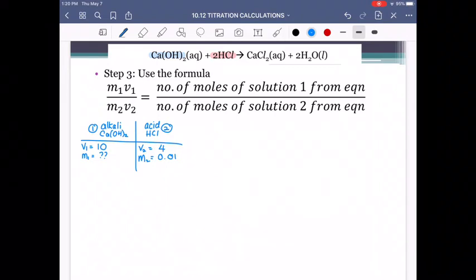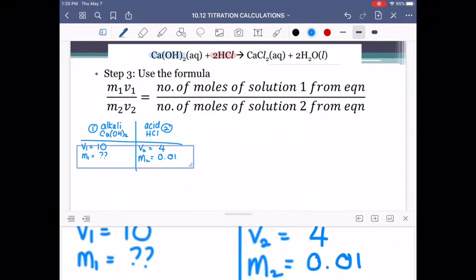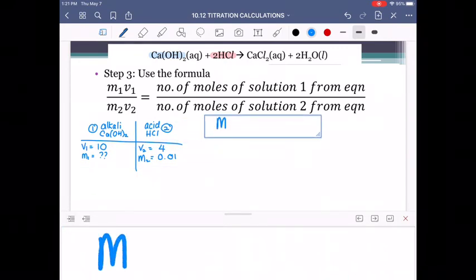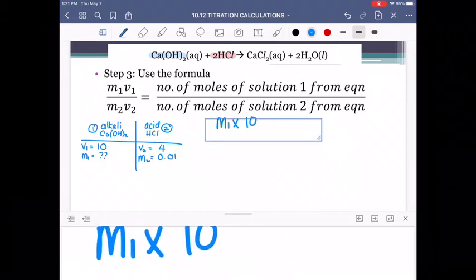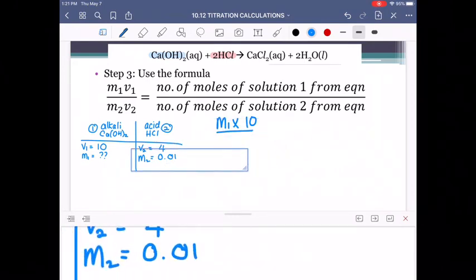So let's substitute the values into this formula. M1, you have no idea because it is unknown, right? Unknown M1, so I'm going to leave it as M1 times V1, which is 10, over M2.